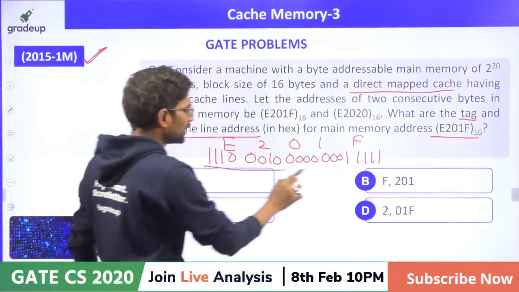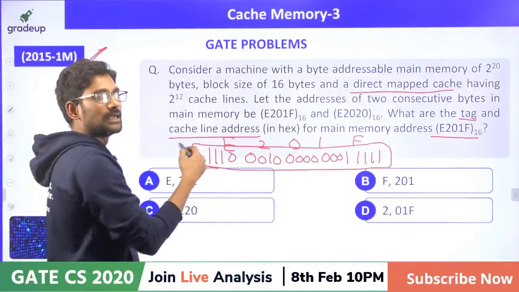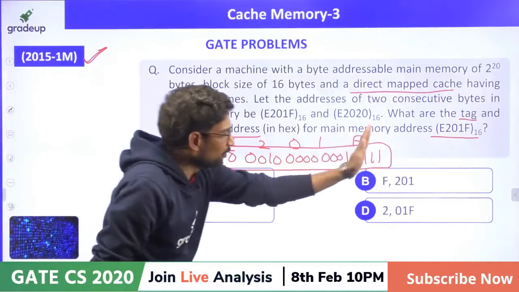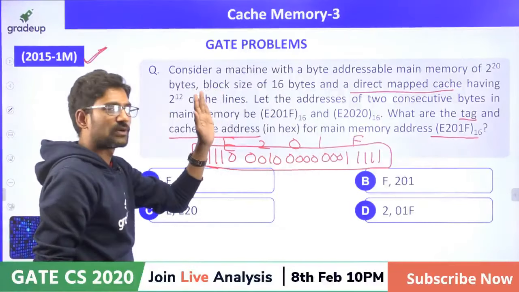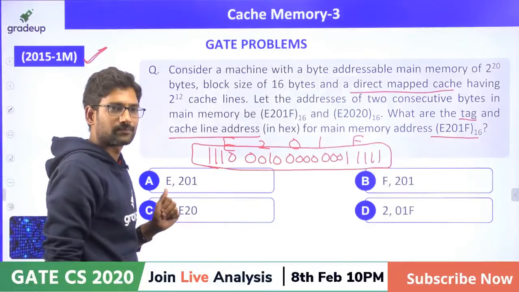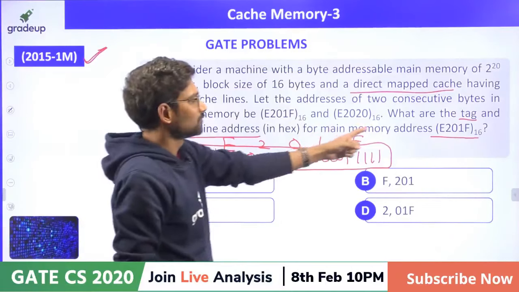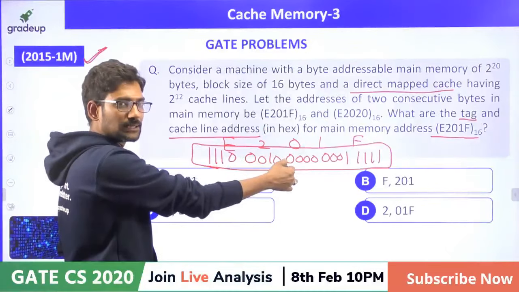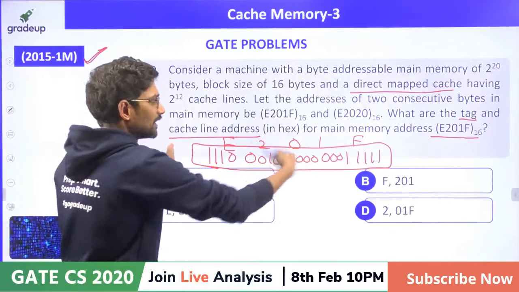So this is all how many bits together? 20 bits. In these 20, how many bits for word, how many bits for line, how many bits for tag, like that you should separate. Now he is asking what will be the tag and line in these 20 bits, in hexa.